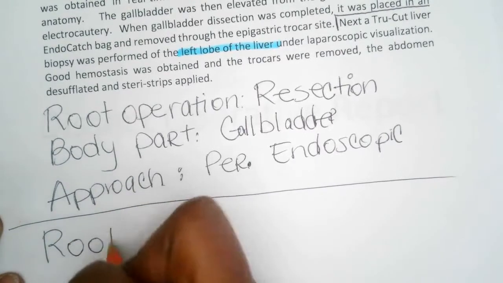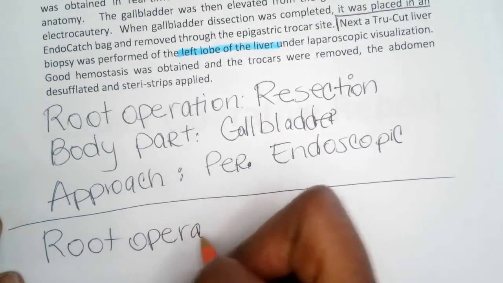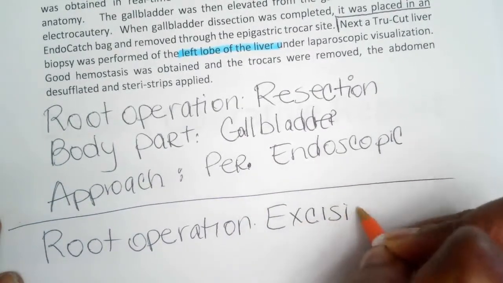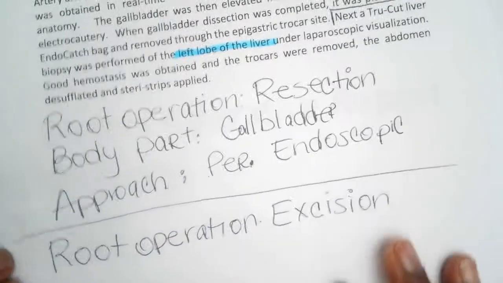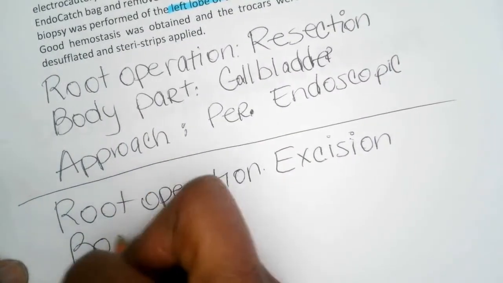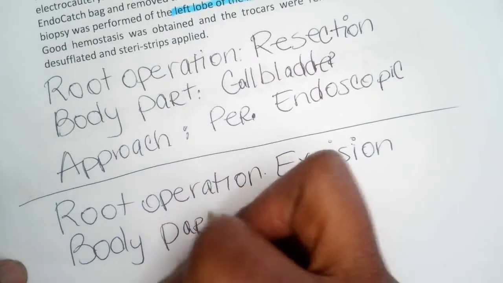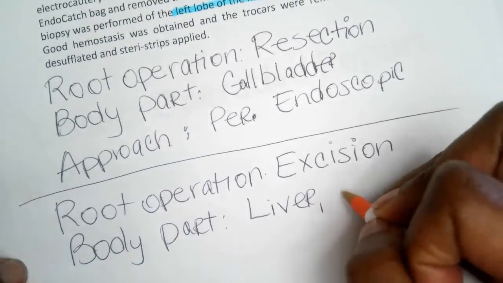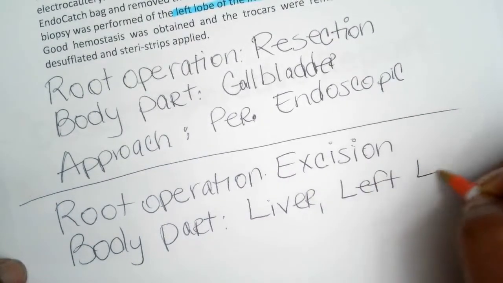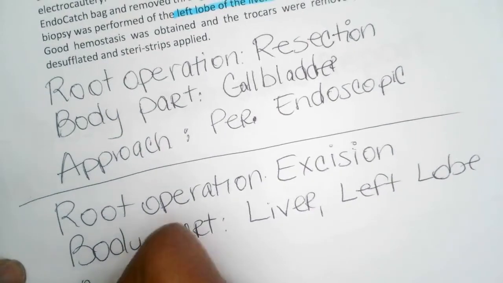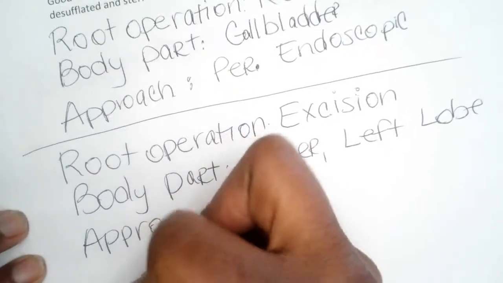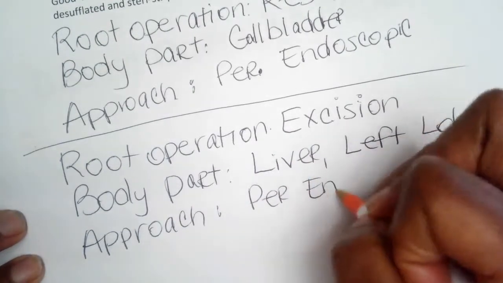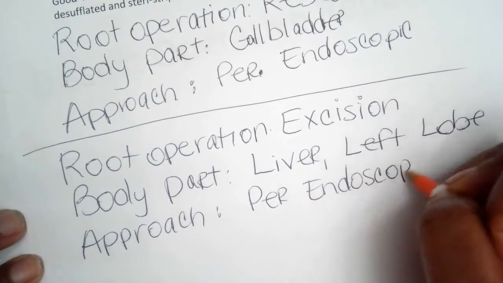Here I have a root operation of excision, because remember, excision is taking out part of a body part. And then the body part in question here is the liver, specifically the left lobe. The approach, I know, guys, that my approach is the same as the first procedure, percutaneous endoscopic.